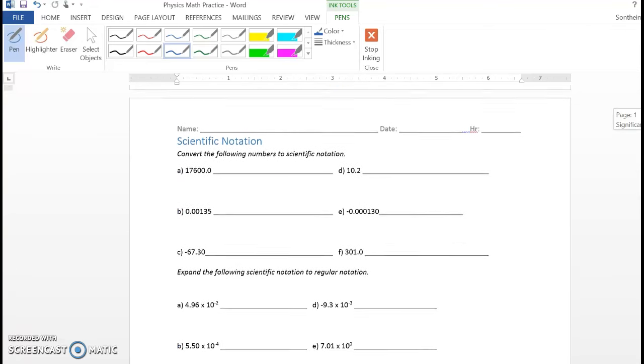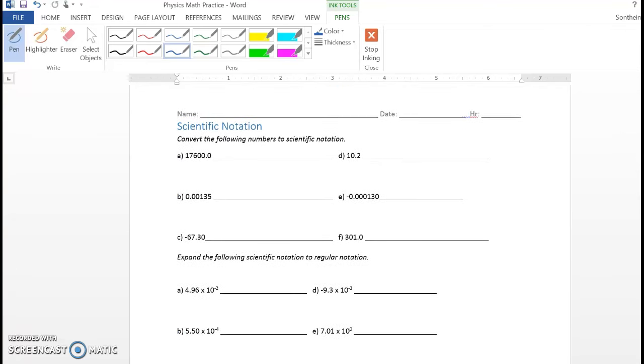Other ones, scientific notation. I'll do this one. This one, move your decimal place 1, 2, 3, 4. 4 places in this direction. 1.76 times 10 to the 4th. I'll do this one because it's a negative and a decimal place.